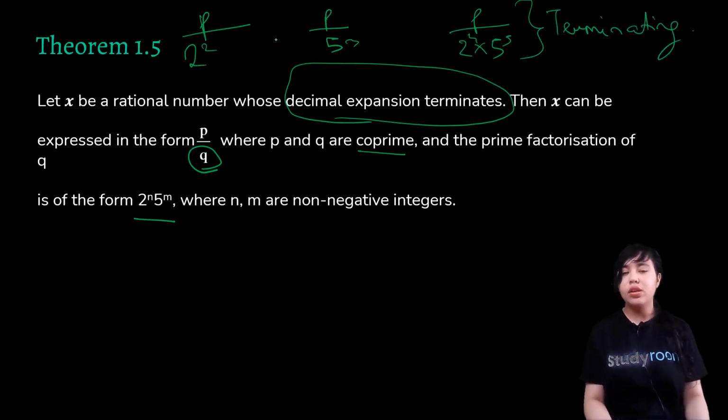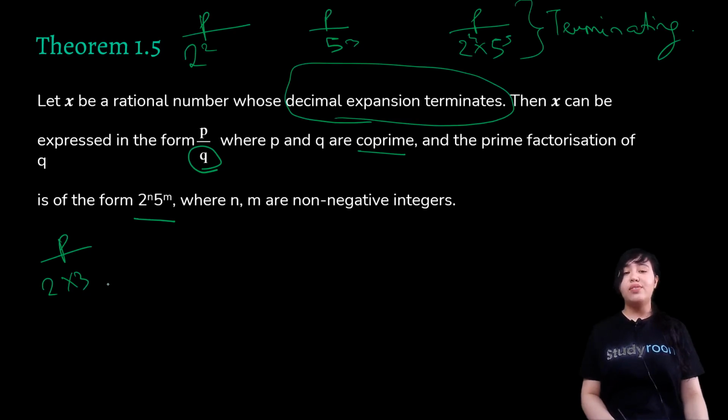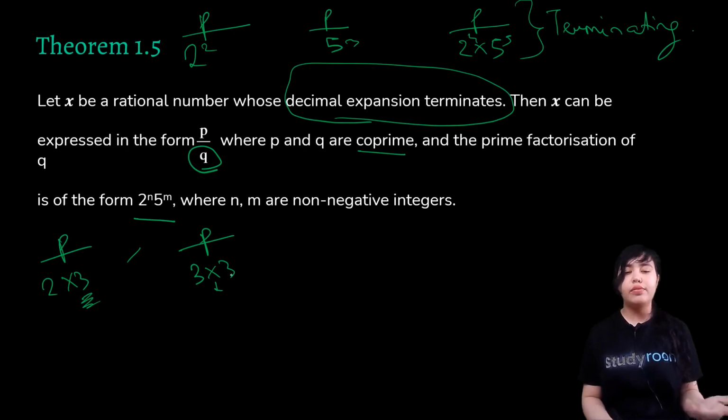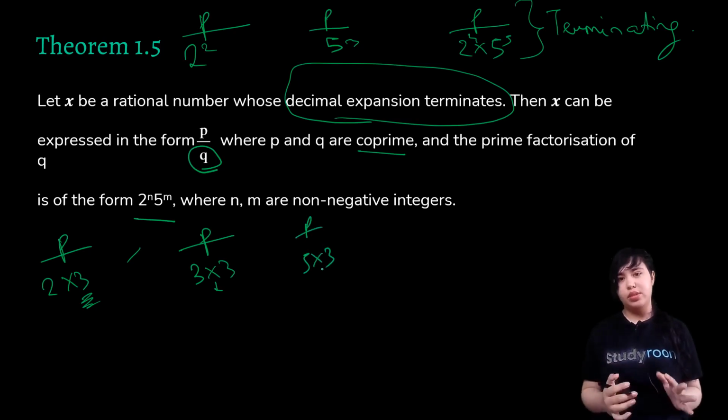But if I give you p upon 2 into 3, so if I'm going to have any other factor, apart from 2 and 5, this will not give me a terminating decimal. If I give you p upon 3 into 3, again not terminating, no factor 2 and 5. If I give you p upon 5 into 3, again it won't be terminating.